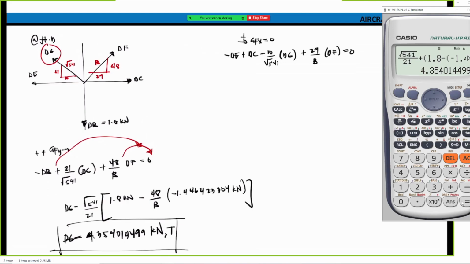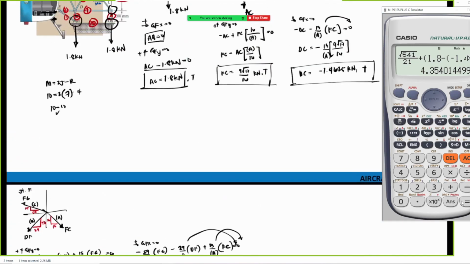Okay? So, DE yung hinahanap. Transpose lang natin to sa other side of the equation. And DE is equal to DC.